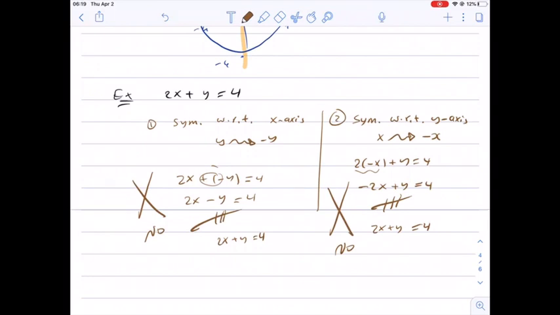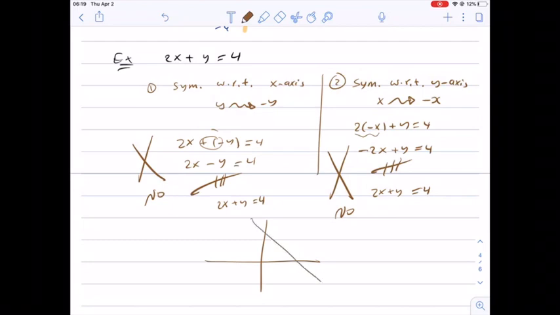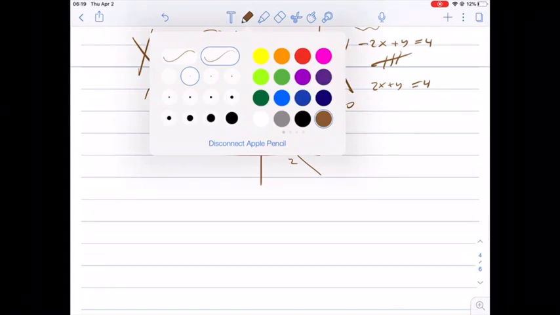So this is neither symmetric about the x-axis nor symmetric about the y-axis. The graph of this function looks like this, and as we can see, we don't have any symmetry about the x-axis or y-axis.